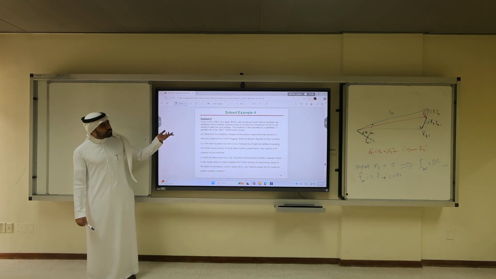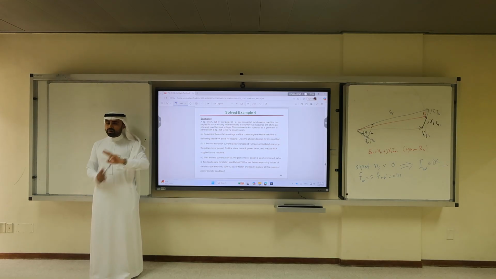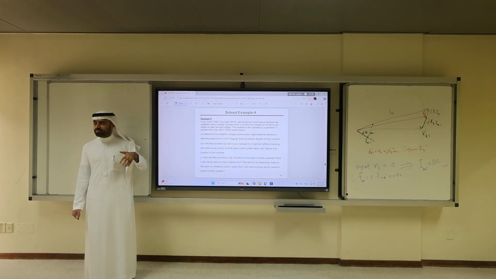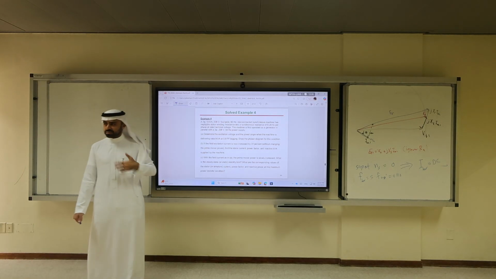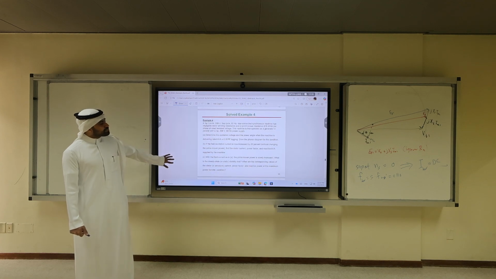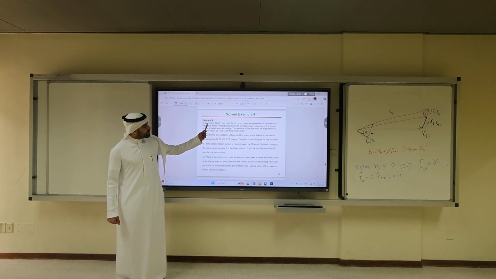So example 4 and example 5 are much easier. They are way easier than example 3. So I'm going to walk over them quickly without solving them. They're easy to explain. They're very close to 360. 3-phase, 5 kVA. What is 5?